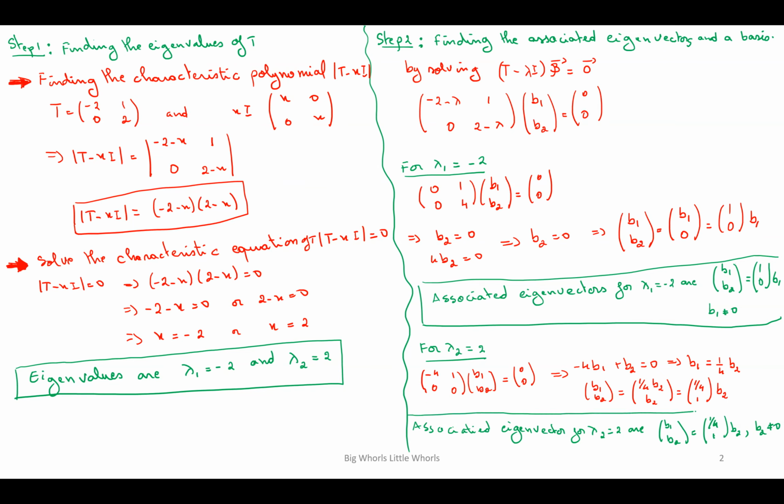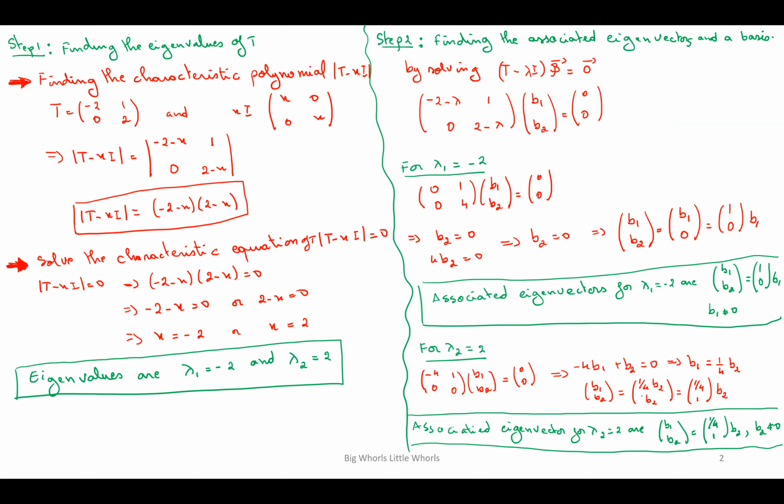And we can also find the eigenspaces and the algebraic or geometric multiplicity. We have seen all of this in the first part of this chapter.